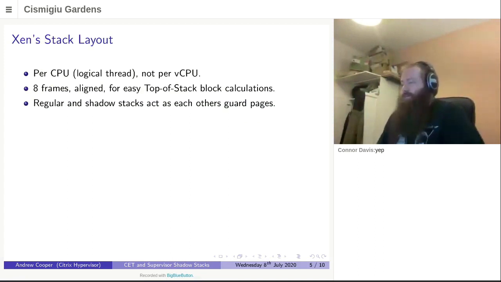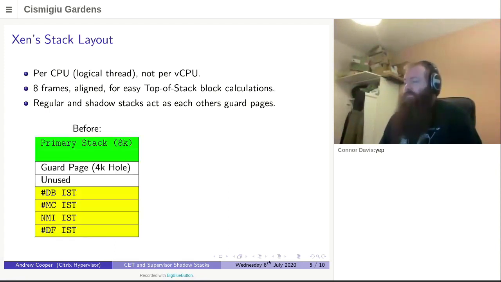At that point, we should probably look at Xen's stack layout. So Xen x86 has a stack per CPU, and this is per physical CPU, not per virtual CPU, which is quite different to how most other systems work.